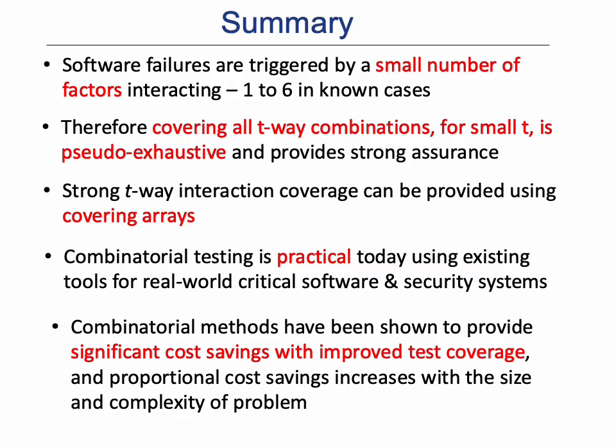So what that means is that if we cover all t-way combinations for some value of t within the range of 1 to 6, then we have what we call pseudo-exhaustive testing. It's not fully exhaustive, but it's exhaustive with respect to the discretized values of the combinations that matter. So we can do very strong testing with a small number of tests, much smaller than we would require for fully exhaustive testing. And the way to do this is to use covering arrays, which cover t-way combinations.